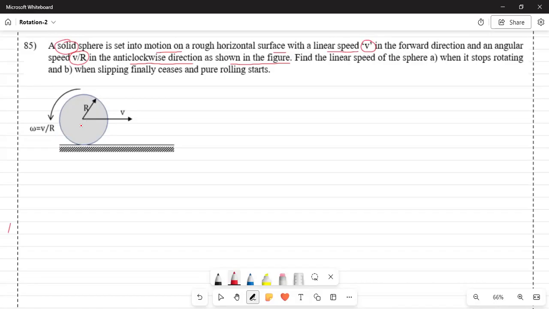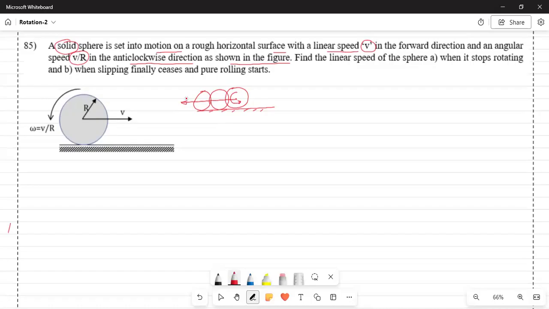These two are contradictory to each other, because it is very clear that if you have a ground like this, and a sphere rotating in anti-clockwise direction, the sphere will shift gradually backward. That means there will be a backward motion of its center of mass.